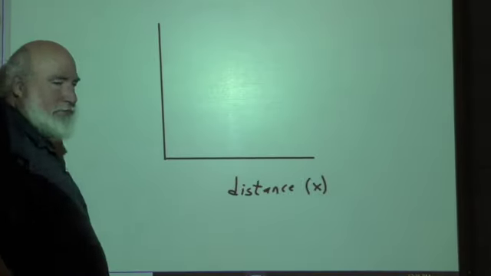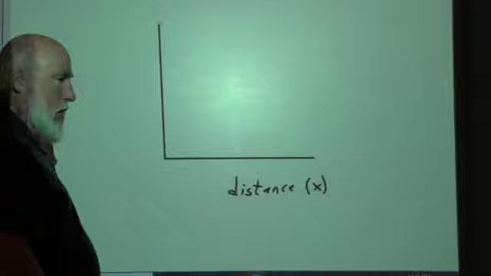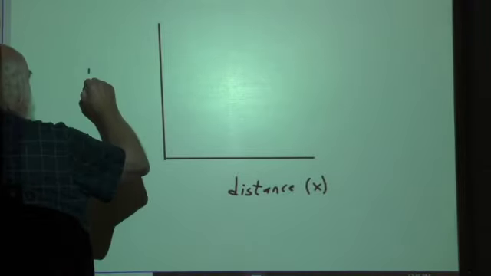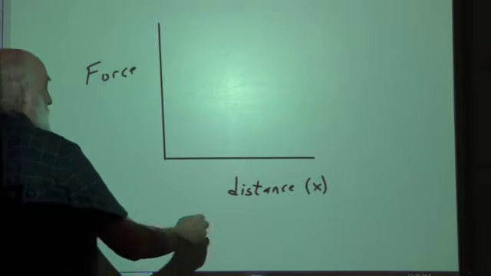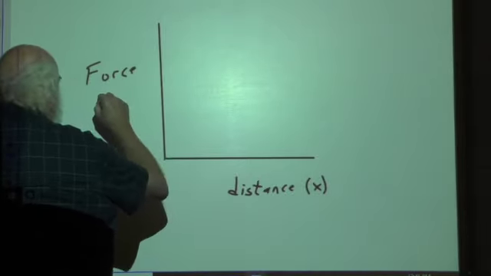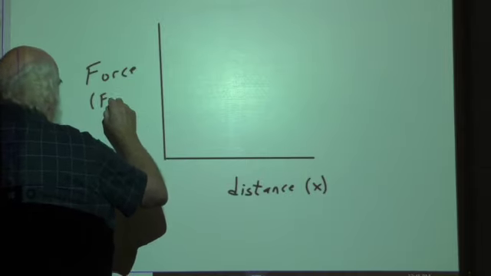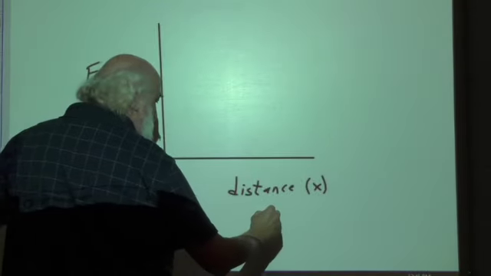If you use d, it's all right, but just be aware of that when you look at textbooks later on. They don't use d like we did. And force over here, which is F, is going to be measured in newtons. And the distance here is to be measured in meters.